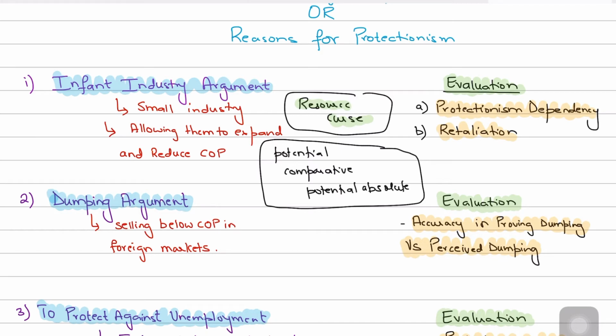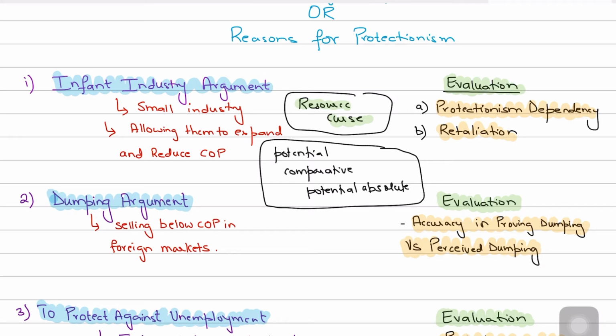So for example, if you're saying that the government protects the domestic industries or the infant industries by imposing protectionism, then when you are evaluating protectionism, you also have to say that okay, fine, we agree that protectionism does benefit infant industries, and the infant industry argument is a strong argument that favors the government imposing trade barriers.